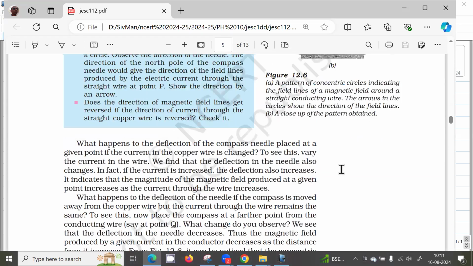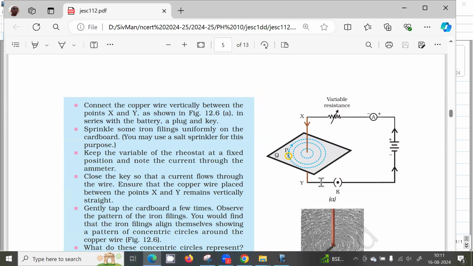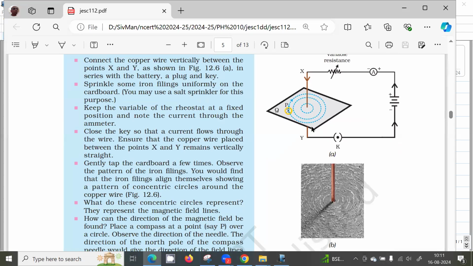In 12th standard, whatever you learned, we can get this magnetic field by using Ampere's circuital law. This is not conducting, it's a closed loop. So integral B dot dl along this closed path or contour is mu naught into current enclosed.